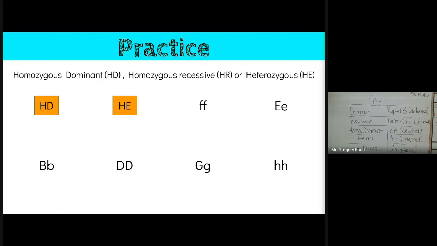Now the question is, is it homozygous dominant or homozygous recessive? Which one is it? What do you think? How do you know? Because they're lowercase. Yeah. So that means recessive is represented by the lowercase letters. All right. So that one is indeed HR for homozygous recessive.